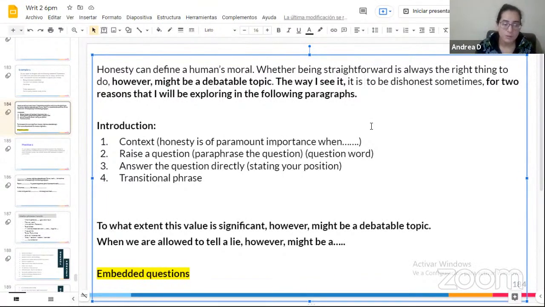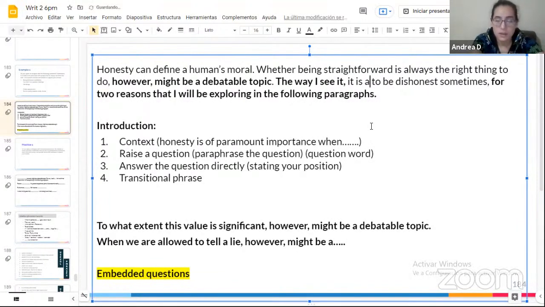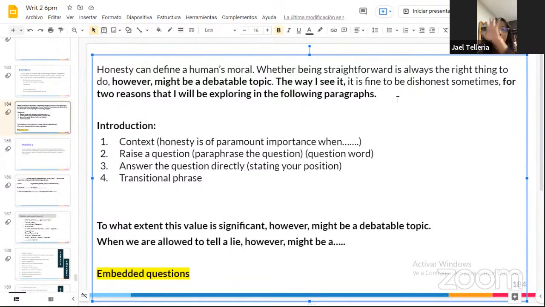Try to look for something a bit more formal. Okay, let's go with fine for now. But in general, try to look for some other words for good and bad too, or important, which is used a lot, or the quantifiers too, like a lot. Try to change that for several, maybe instead of a lot.